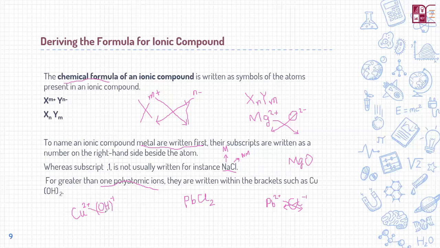Now you're going to just transfer the charges, and then it's going to become Cu. So 1 does not come as a subscript, so I'm not going to write 1 here, and then OH will come within the brackets, which is the hydroxide ion, and then 2 is going to come over here as a subscript, right? So this is how you form or derive the formulas for an ionic compound.